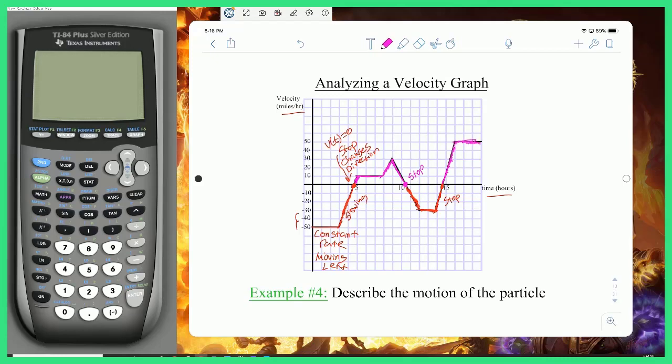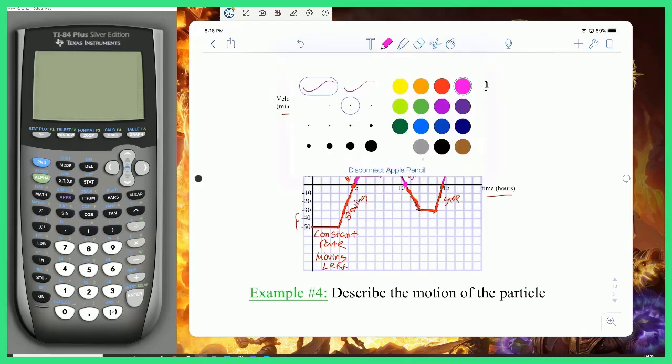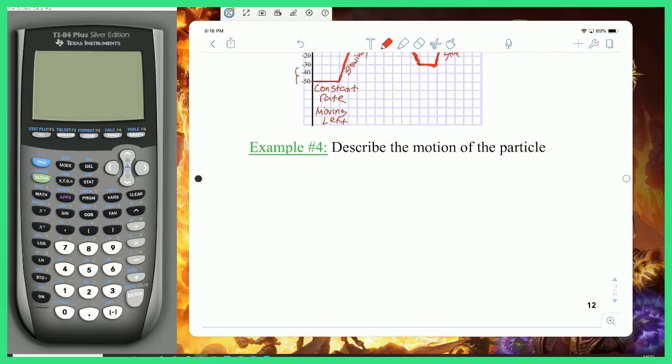Okay? So let's summarize two really important pieces of information. Important piece of information number one: when we move away from the x-axis, we're speeding up. And this is true for our velocity function. So if we're looking at the graph of velocity, we know that when it moves away from the x-axis, the particle is speeding up.